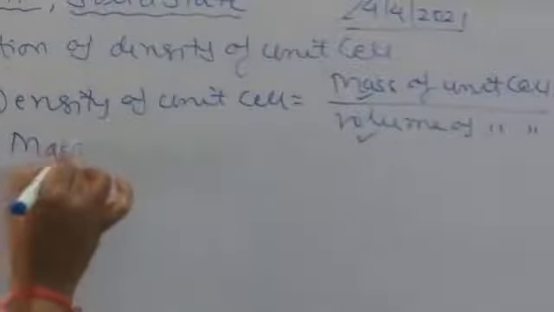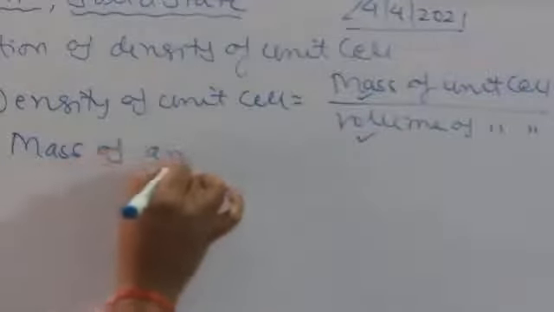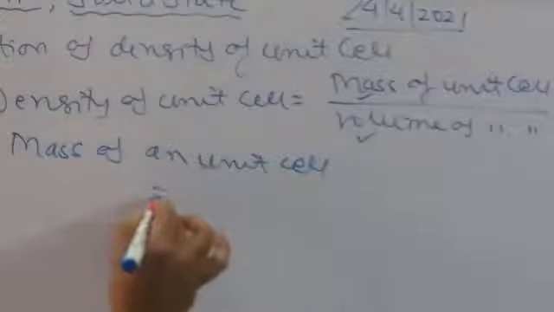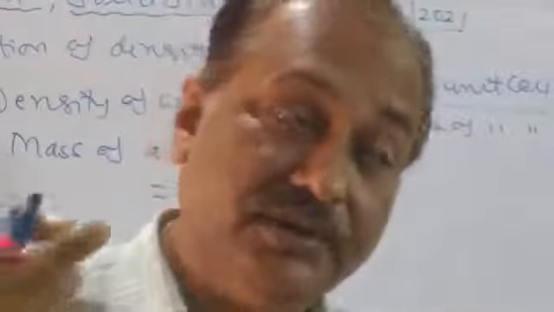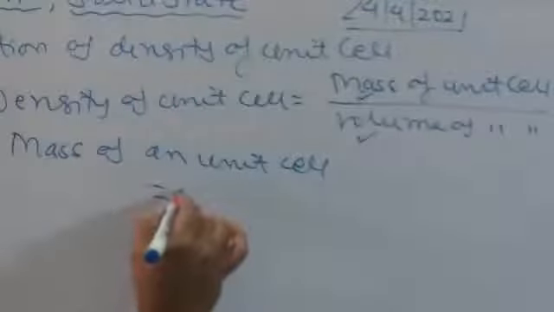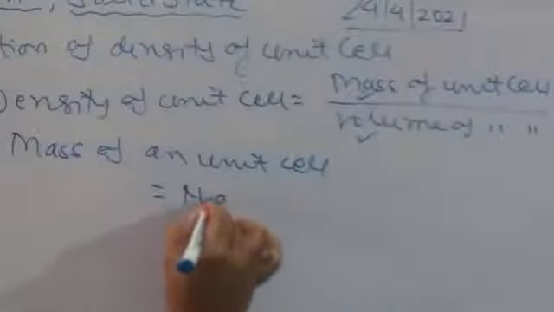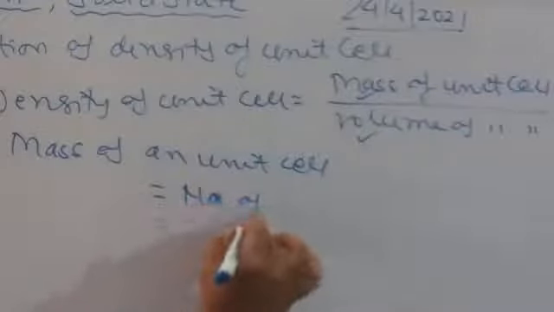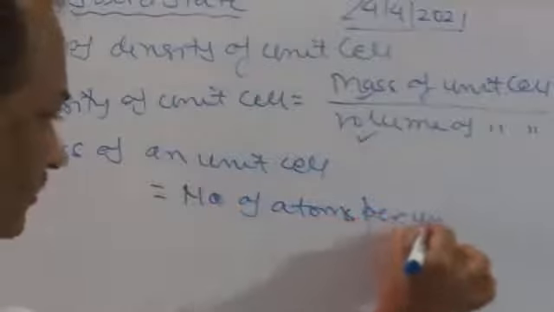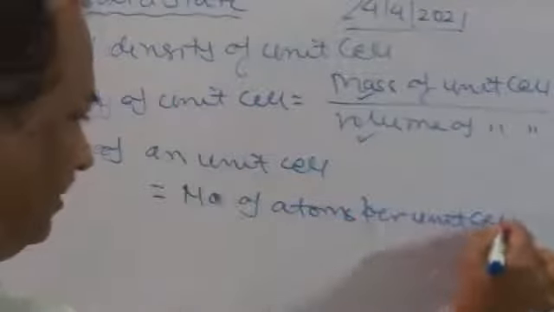Now we'll calculate the mass of a unit cell. So mass of a unit cell is equal to the number of atoms per unit cell.